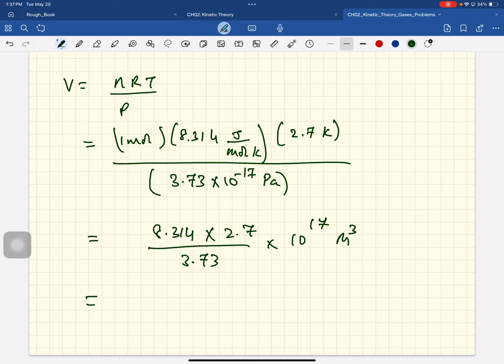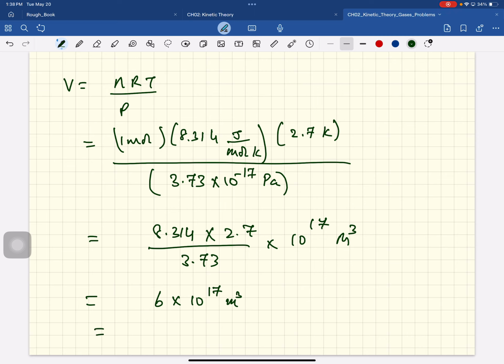So one mole on Earth will occupy this much volume. We're going to take it to deep space and see how much this will expand to. It comes to 6 times 10 to the 17 meter cubed.